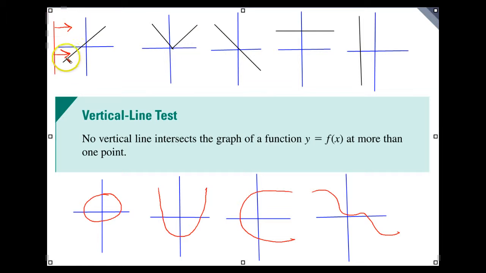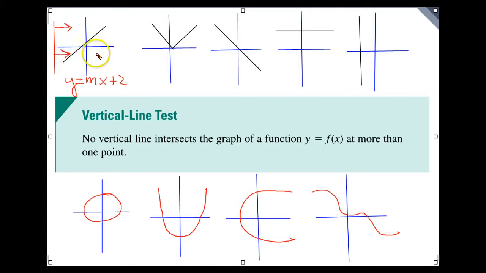Now, as this vertical line comes over this, which happens to be, let's say, y equals mx plus 2, is this a function? We denote a function by the vertical line that we're passing over the face of the graph only intersecting in one spot at a time.